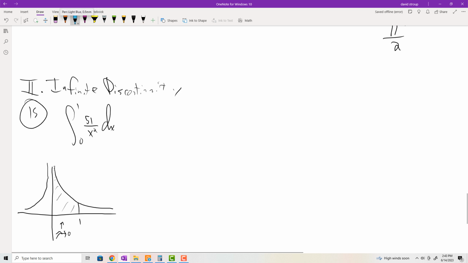We do the same game. What we're going to do is integrate to some variable. So I'll be integrating this blue region, and I'll get an expression in terms of b, and then I'll take the limit as b goes to the discontinuity. So in this case, I will be taking the limit as b goes to 0 from the right.